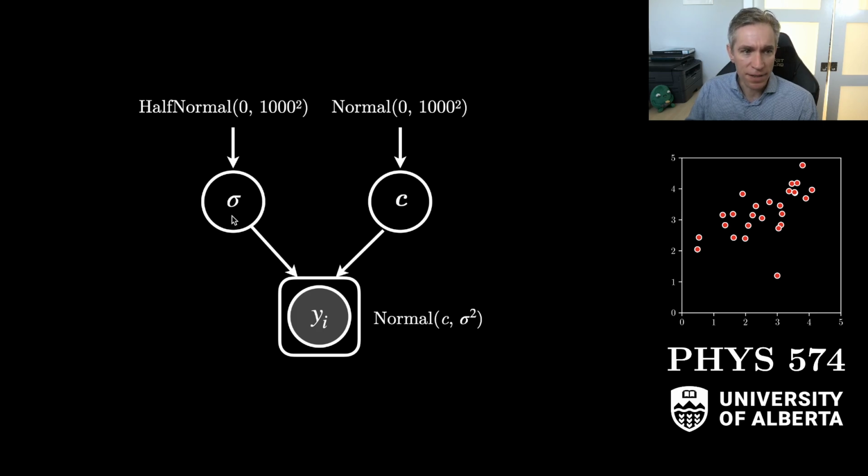The variance is going to be described by this parameter sigma, and we're going to assume it's distributed as a half normal function, which has no probability below zero, and above zero, it's going to be 1,000 squared, so basically 1,000 kilometers per second width to that distribution.